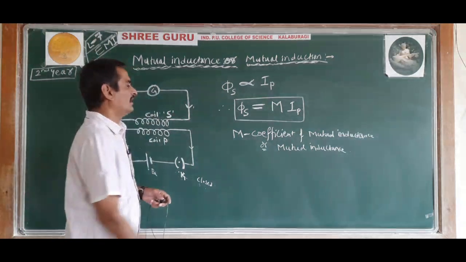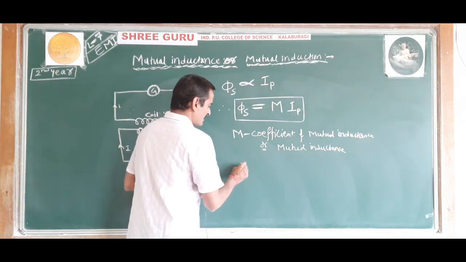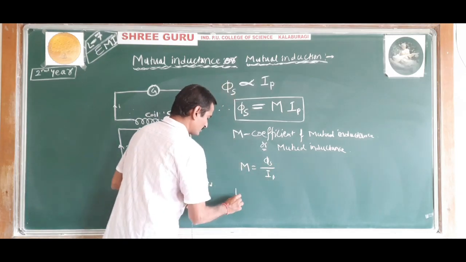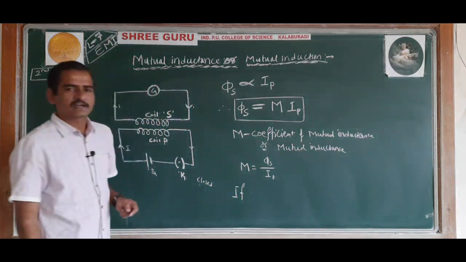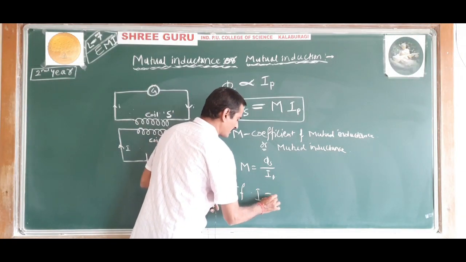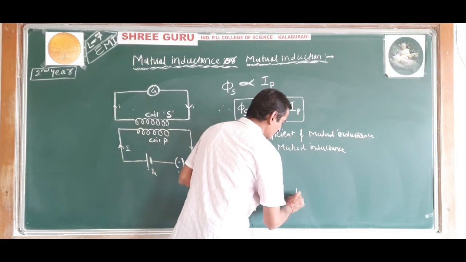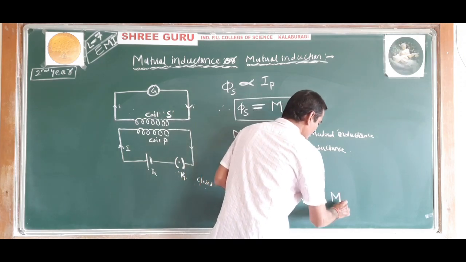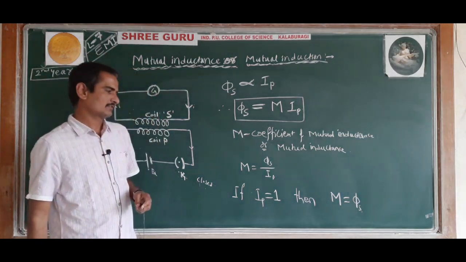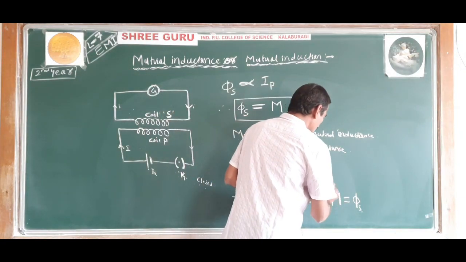Mutual inductance. And now M is equal to phi s divided by Ip. So now if current flowing through the primary coil is 1, then we found that M is equal to phi s. So now define mutual inductance.